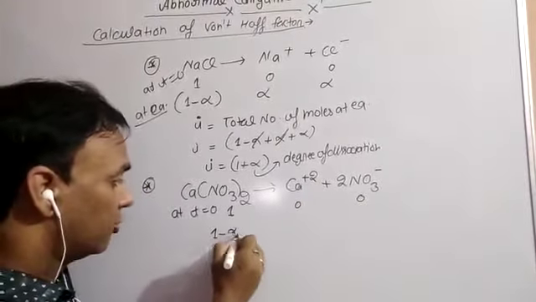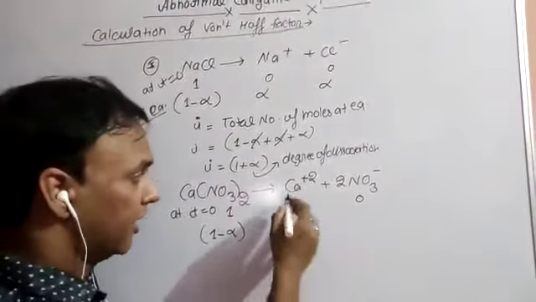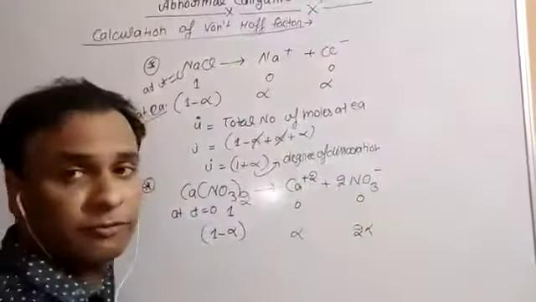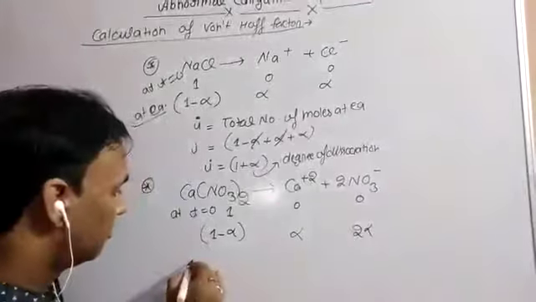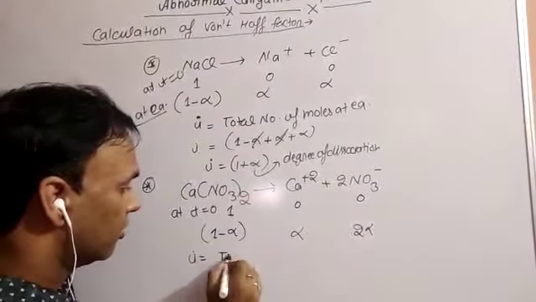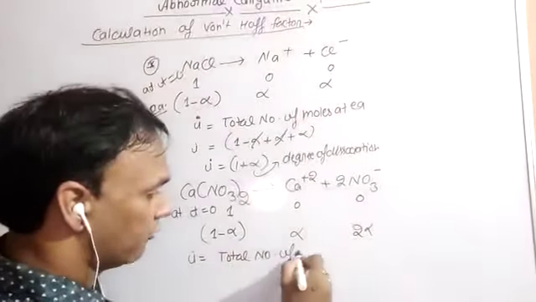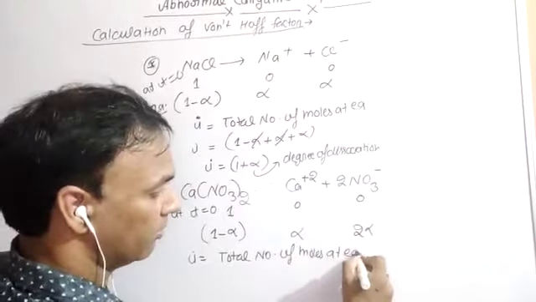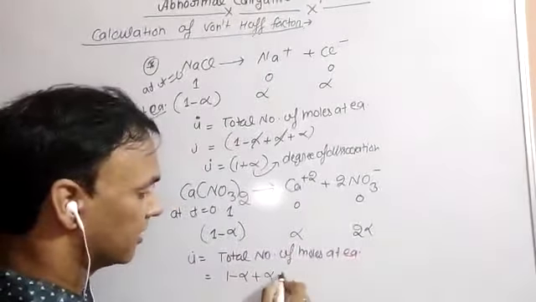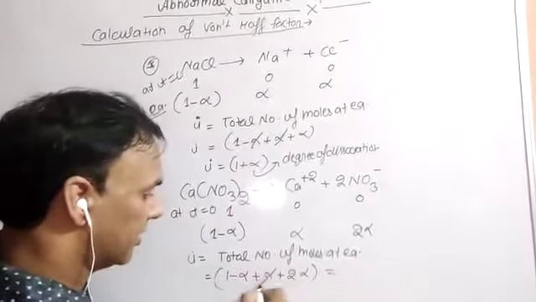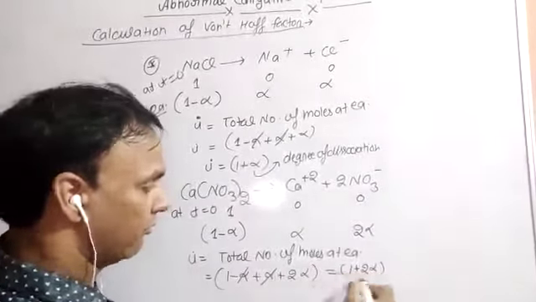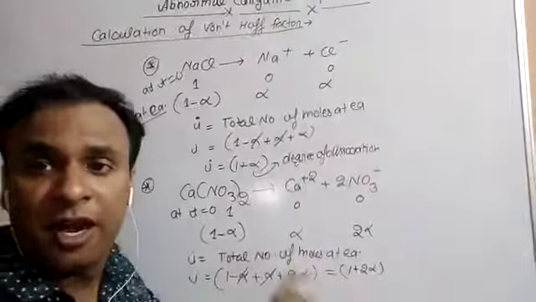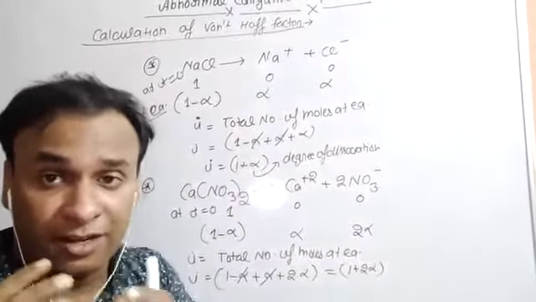Suppose alpha is dissociated, then it forms alpha of calcium ion and 2 alpha of nitrate ion. So van't Hoff factor i equals total number of moles at equilibrium, 1 minus alpha plus alpha plus 2 alpha, that means 1 plus 2 alpha. This is the relationship between van't Hoff factor and degree of dissociation of an electrolyte.